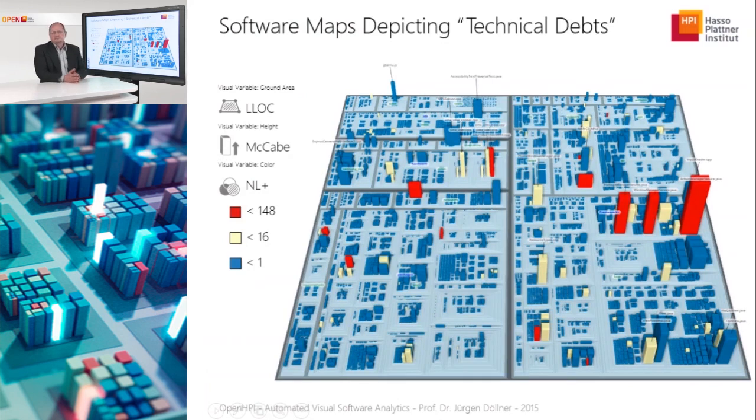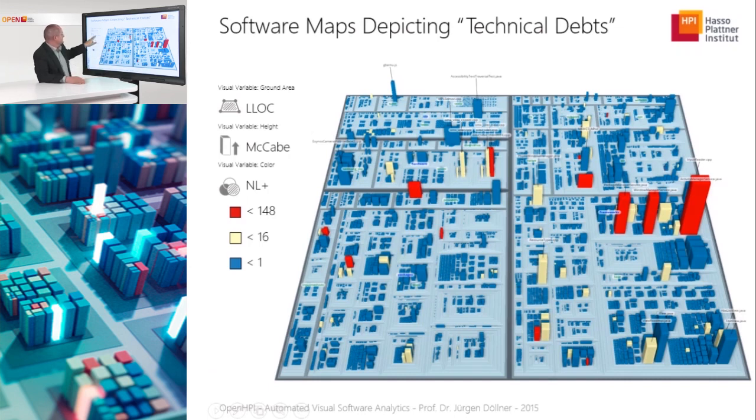This is an example of a software map that depicts technical debts. It's part of a Java-based system, namely the Android operating system, or part of it, and we apply the logical lines of code as a footprint size.